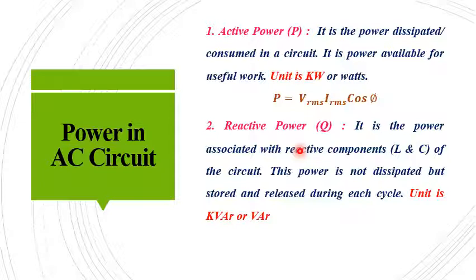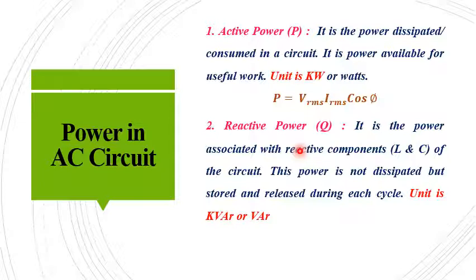Why? Because during the positive half cycle, these components absorb energy from the supply, and during the negative half cycle, they give back the energy consumed in the positive half cycle. So this power is circulating in these elements, and it is not available for any useful work because they keep on charging and discharging in the positive and negative half cycles.